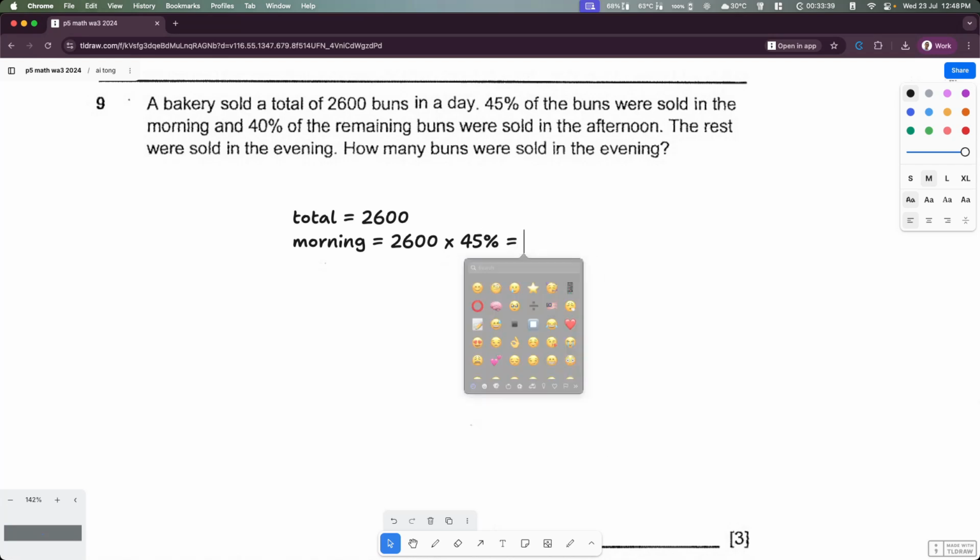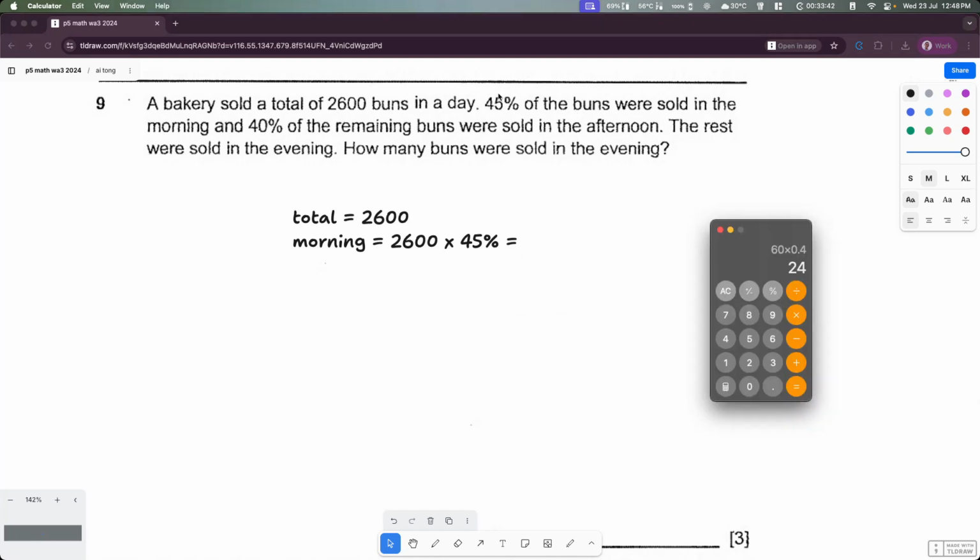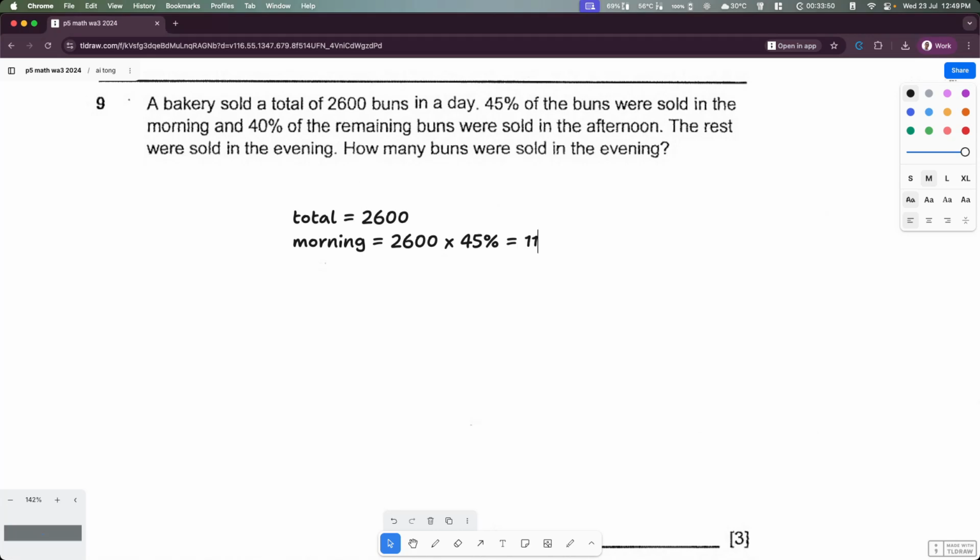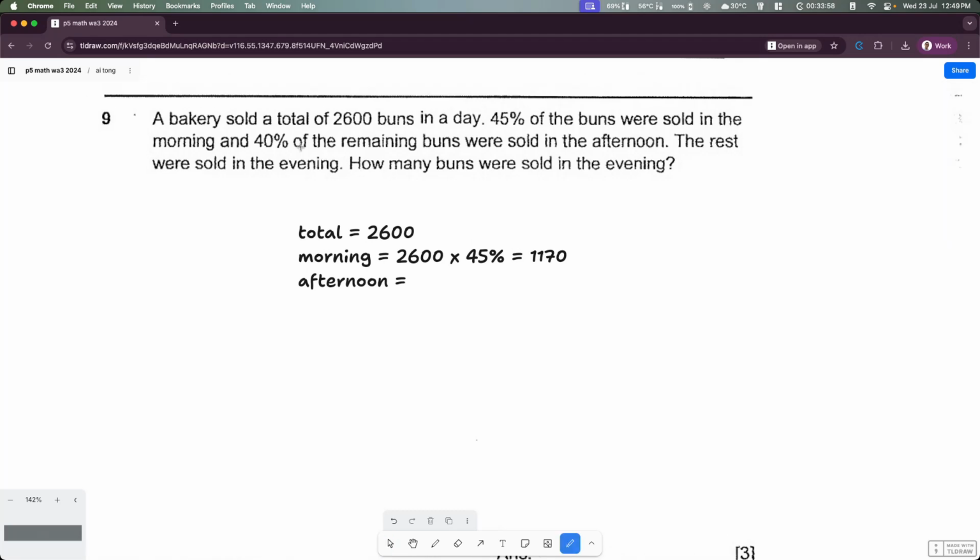Okay, so let's do that. Let's have 2,600 times 45%, and this gives us 1,170. Okay, so then in the afternoon, common mistake is you also do 2,600 times 40%.